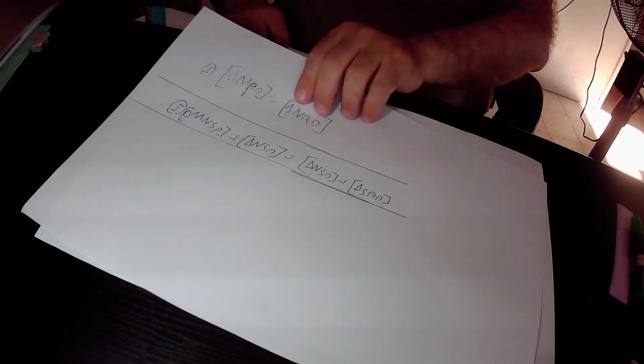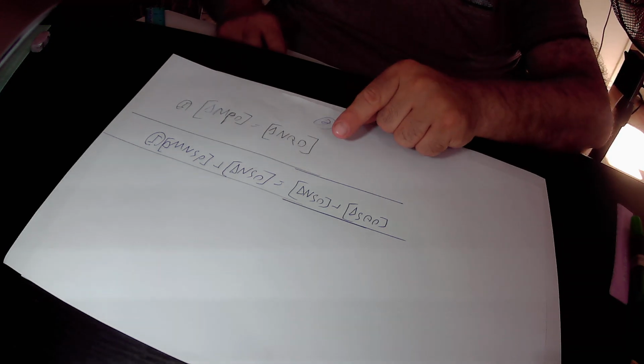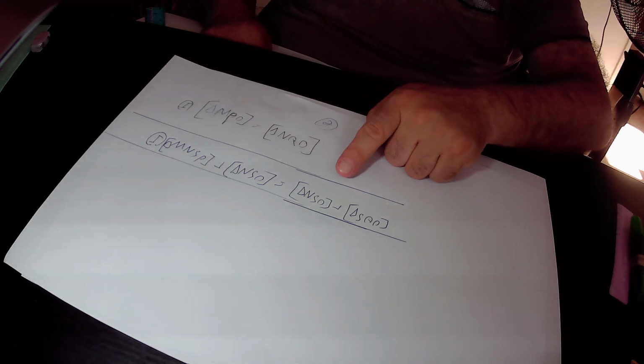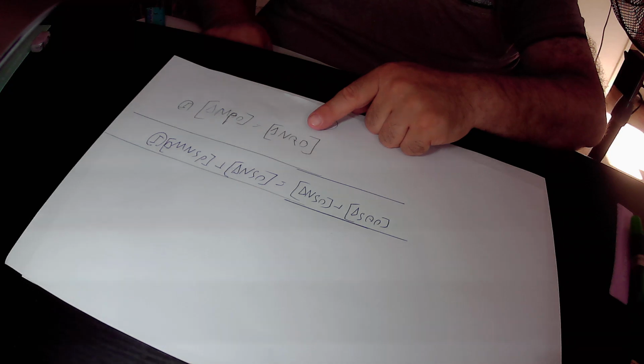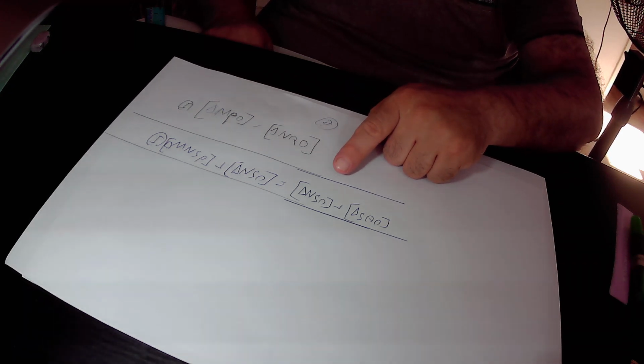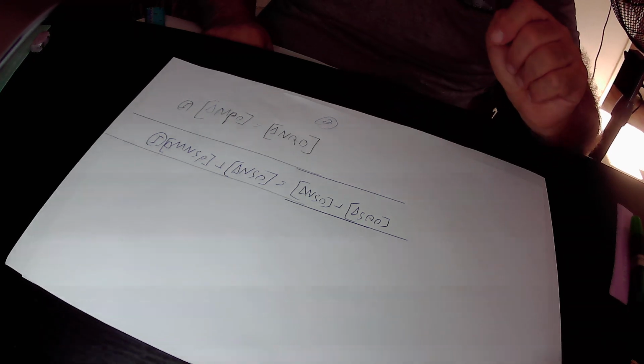Repeat again, because the right triangle NQO consists of the small right triangle NSO and the small triangle SQO, the area of the right triangle NQO must be equal to the area of the small triangle NSO plus the area of triangle SQO.